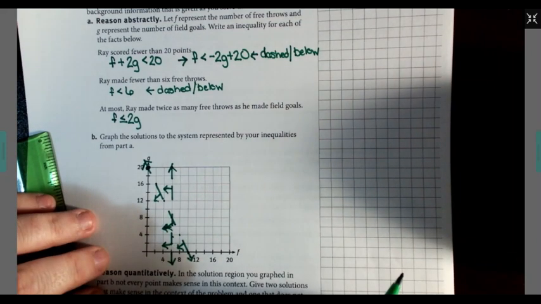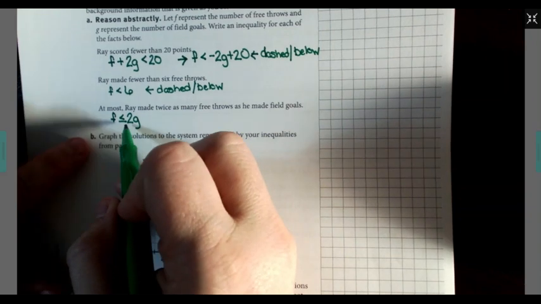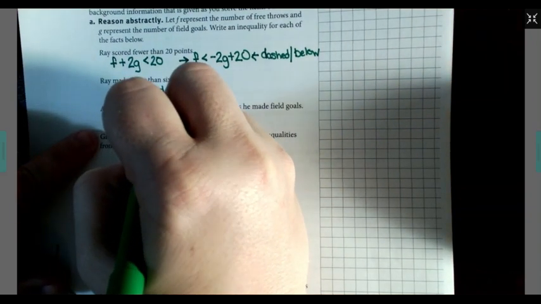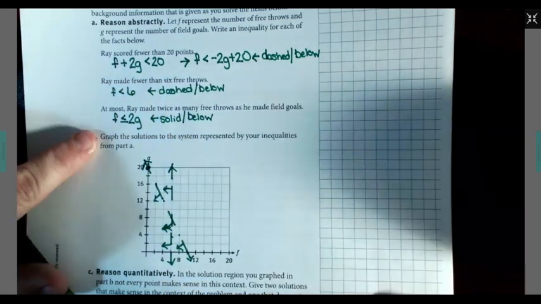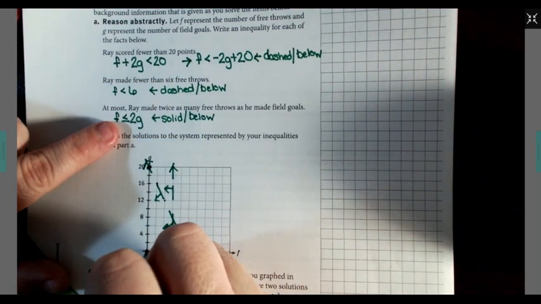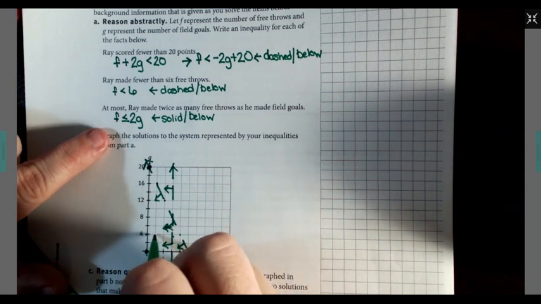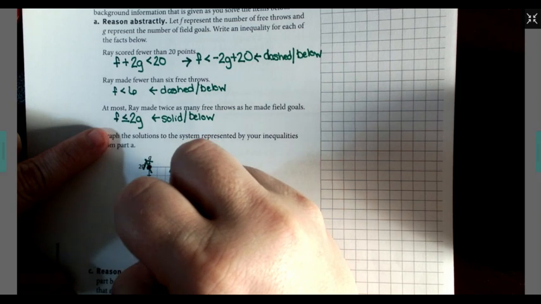Okay? This one is going to be solid. And it says less than or equal to, so this one's also going to be shaded below. Well, because I have no y-intercept, it starts at 0. And it's up 2 over 1. Up 2 over 1.